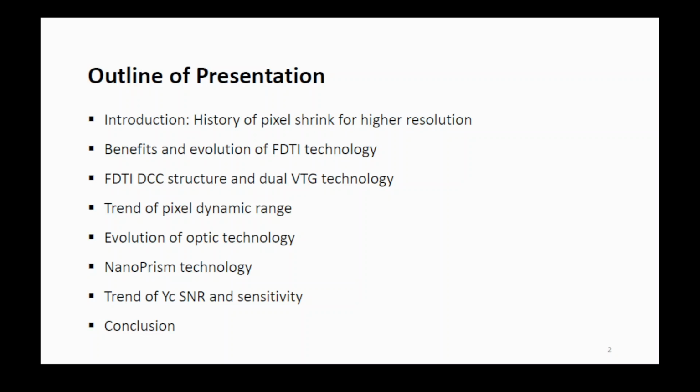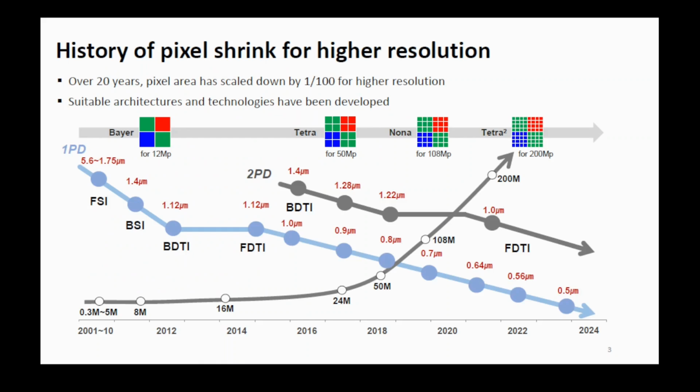So why we are developing a better pixel is that one of the purposes would be to make a high resolution sensor. Because the sensor size is limited, we should shrink the pixel size smaller. But it is easy to understand that if we shrink a pixel, then the performances will degrade.